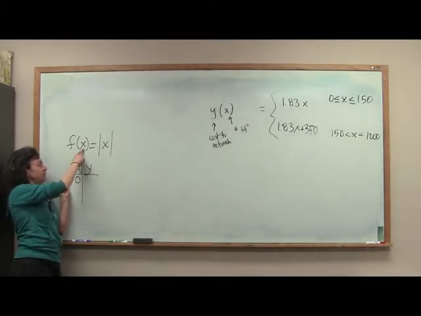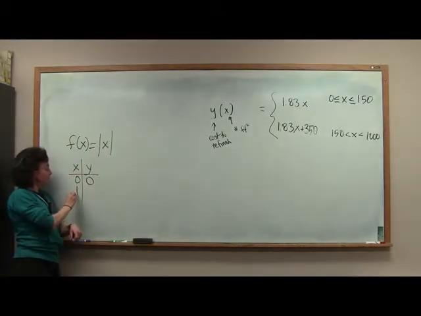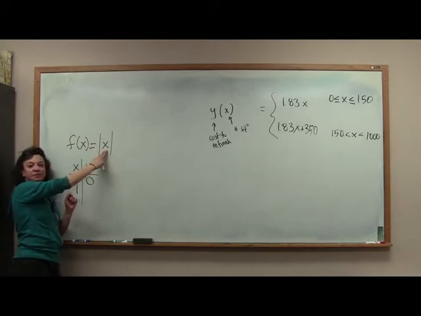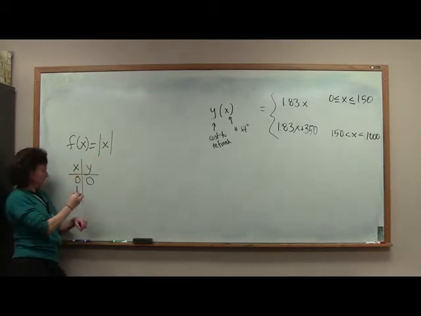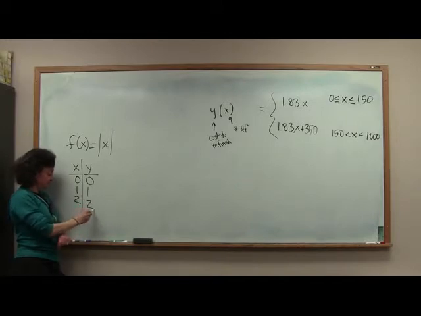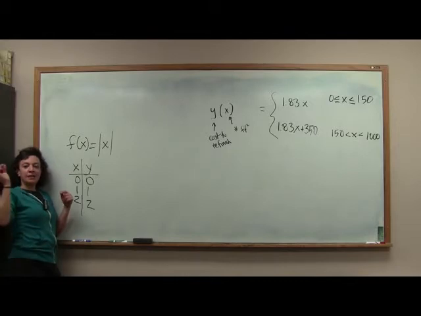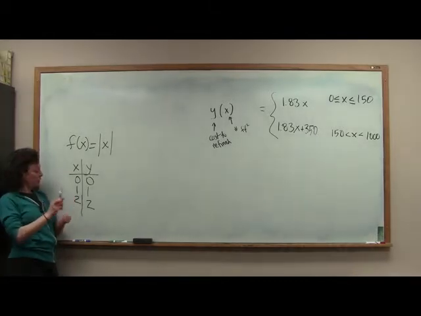For example, if I plug in 0, how far is 0 from 0? 0. What's the absolute value of 1? I claim that's simply 1. The absolute value of 2 is 2. It's just how many jumps you have to get from that point to 0 on your number line.